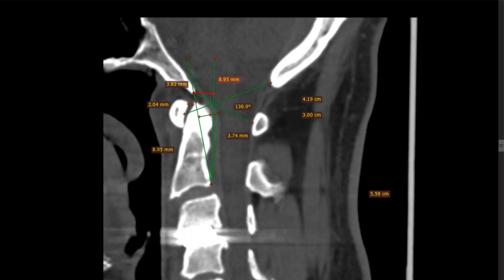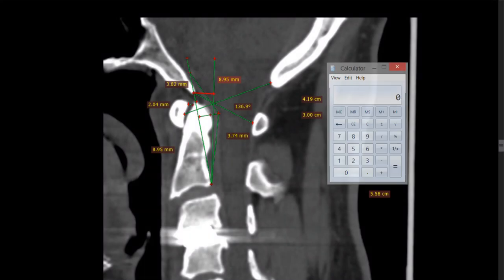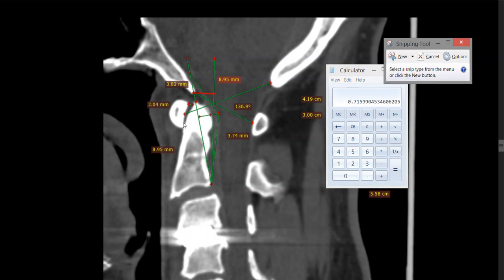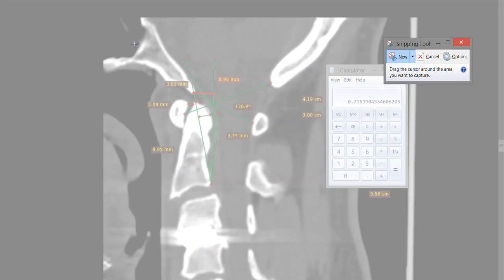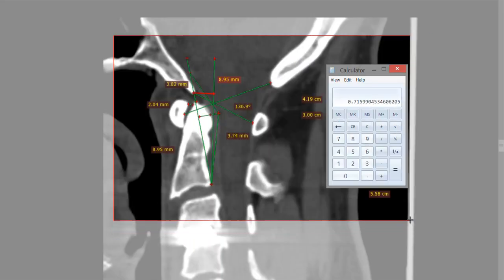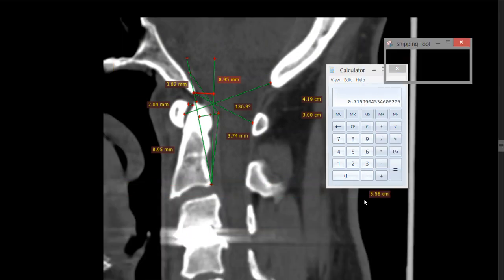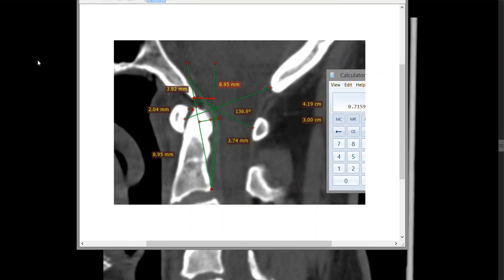And I can grab the calculator just to show 3 divided by 419 equals, and I'm going to print this. So this will be another thing to put into the document. I don't need all of that. And down. All right, so let's pause.